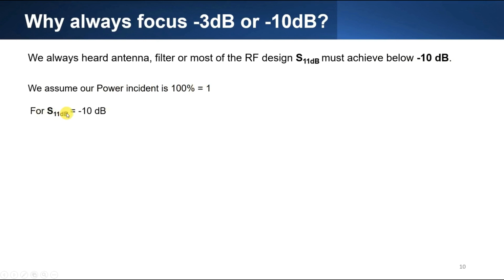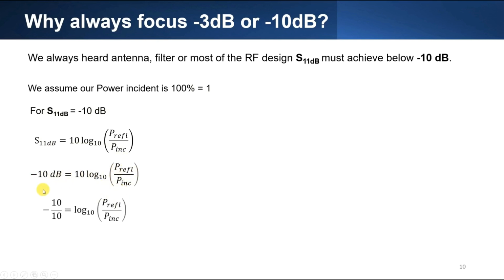For S11 equal to negative 10 dB, we have the formula, without the negative sign because it's S11: negative 10 dB equals 10 log power reflected over power incident. Then we try to find the power reflected, so we divide by 10.